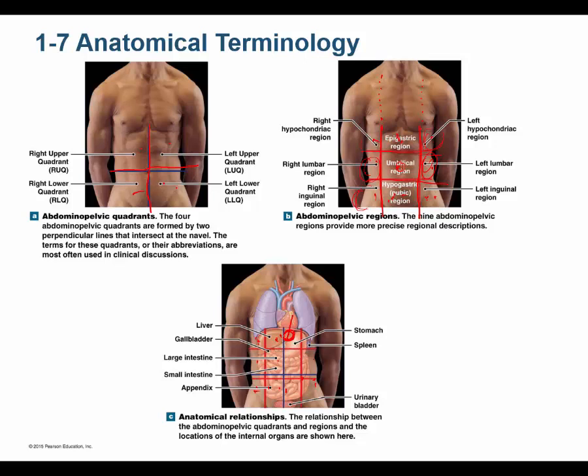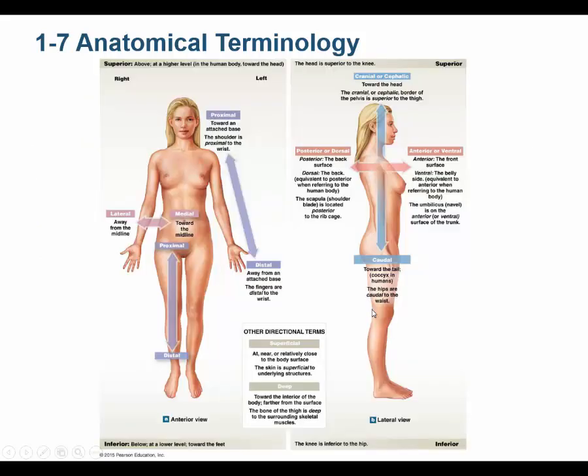Right there. So some of these organs, like the transverse colon right through here, cross more than one area. So sometimes picking an organ, especially an intestinal organ, you can really get it right because it crosses more than one area. Make sure you memorize this for lab.